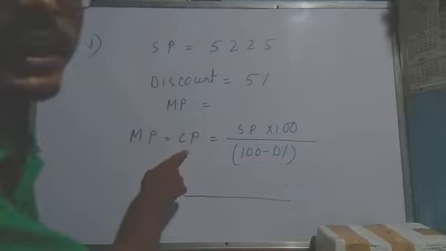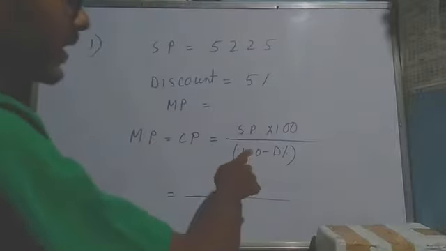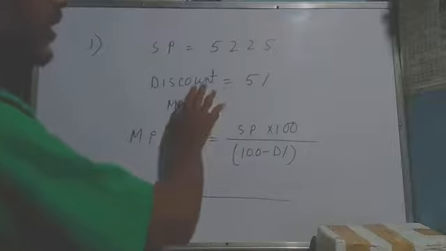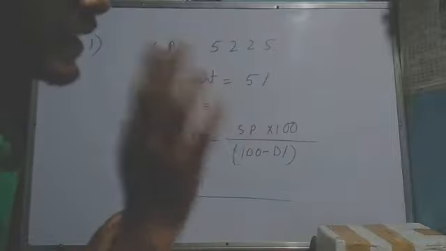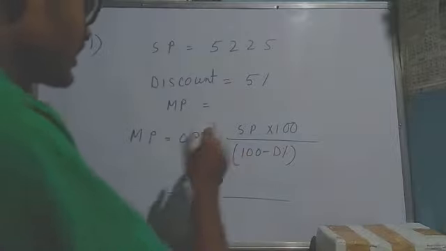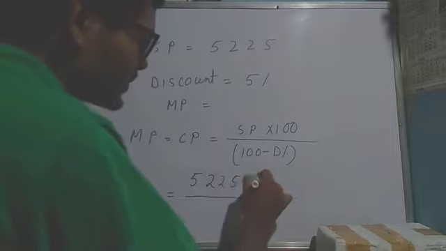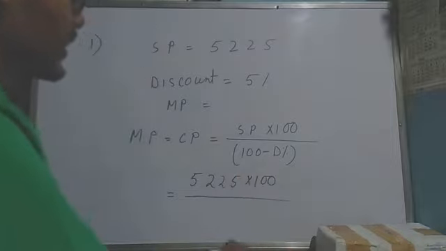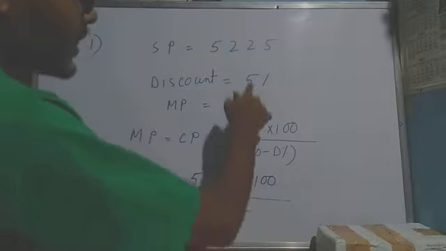Use the cost price formula. I already gave you this formula in Innings 9.3: SP multiplied by 100 divided by 100 minus discount. In case of discount, the sign will be minus, and in case of profit, the sign will be plus. So 5225 multiplied by 100, divided by 100 minus discount percent. How much is the discount percent? 5.